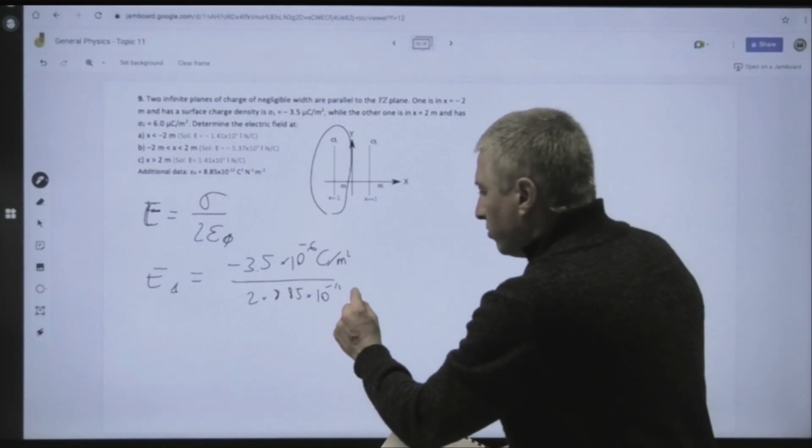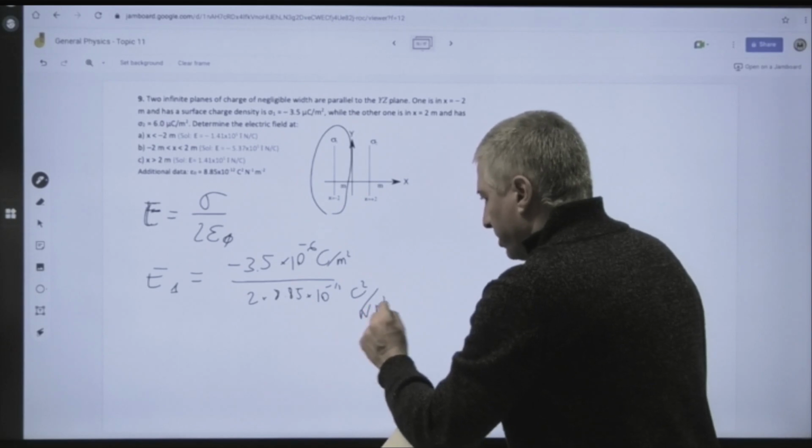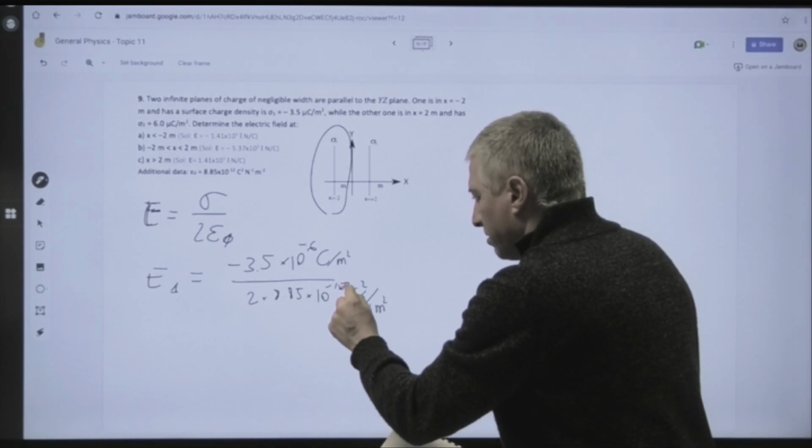Coulomb square divided by Newton meter square. That's a 12, minus 12.